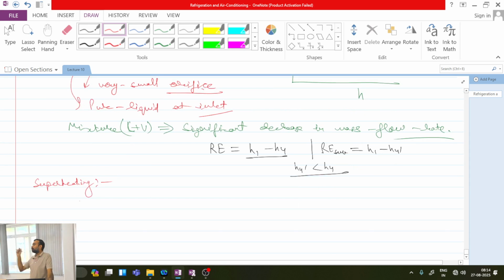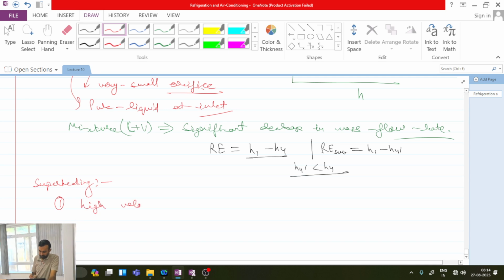If some liquid goes into the compressor, what will happen? It can work. If small droplets are going, what will happen? Yes, so the first point is if liquid droplets flow with the vapor, the liquid droplets will have more momentum and will be damaging the valves etc. of the compressor.